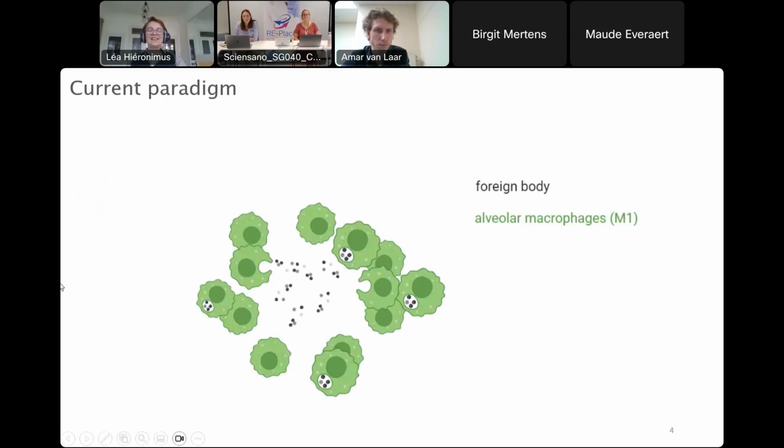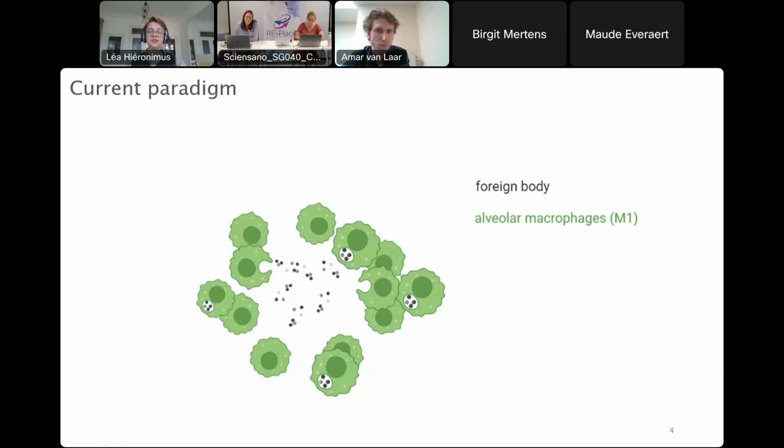In particle-induced granuloma, here I'm going to explain what has occurred in the lung of this patient. The foreign body is a pollutant, an inorganic micro-sized pollutant. For example, it can be silica particles.